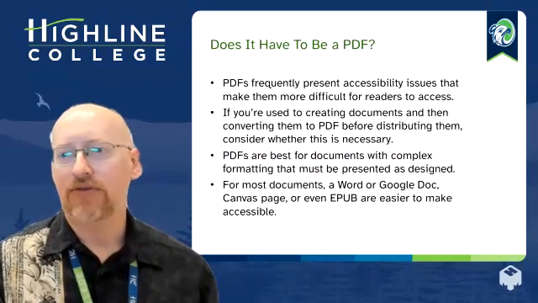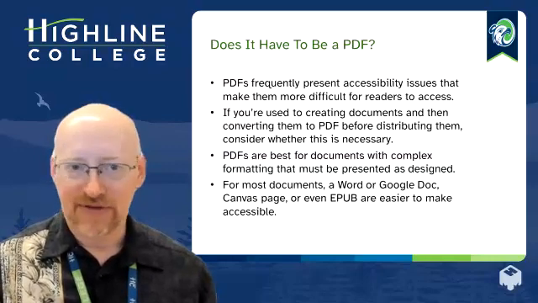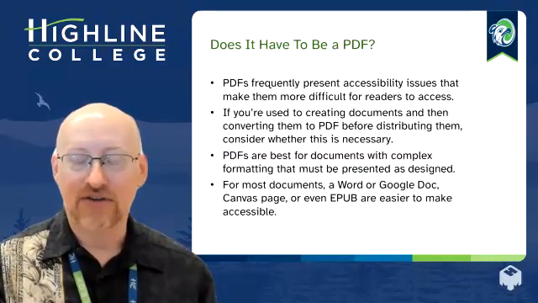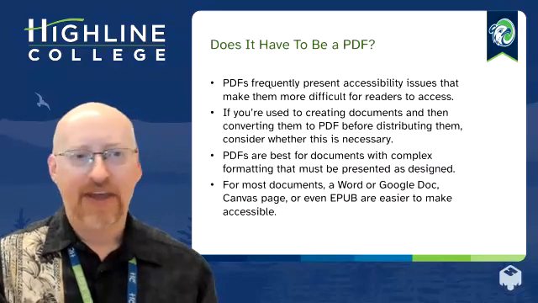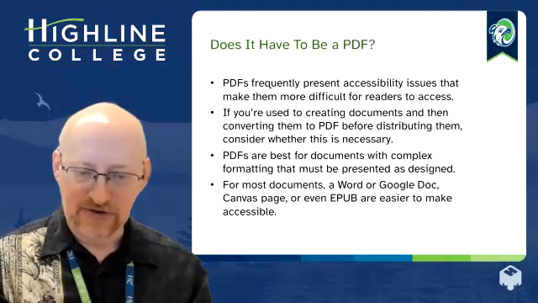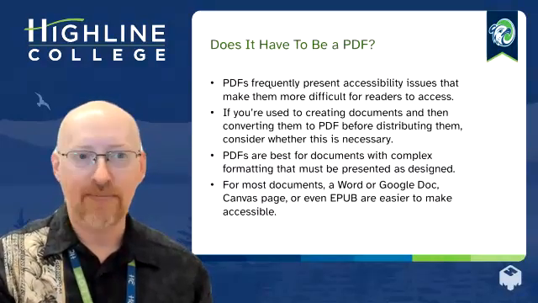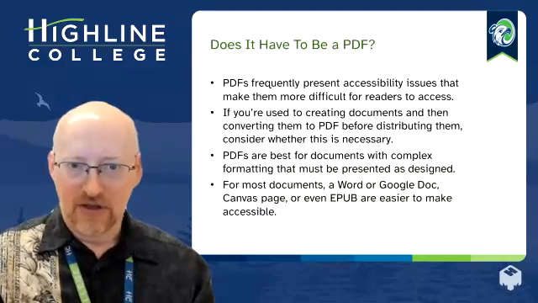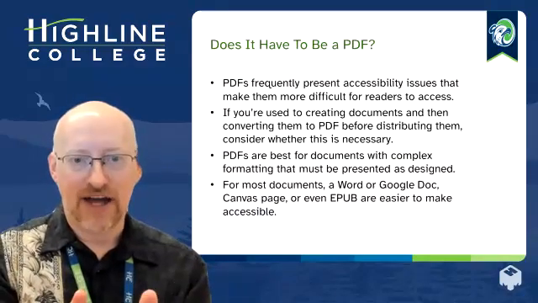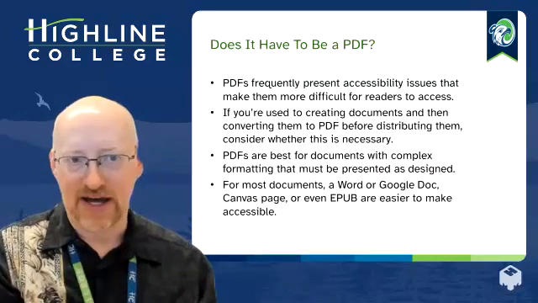And even the most accessible PDF often runs into problems if the layout is completely locked down, as it often is with PDFs. If someone is trying to view a PDF on a phone screen, because phones are so small, with a Word document or a web page, the phone can automatically reflow that document to a different size so it can easily be read.